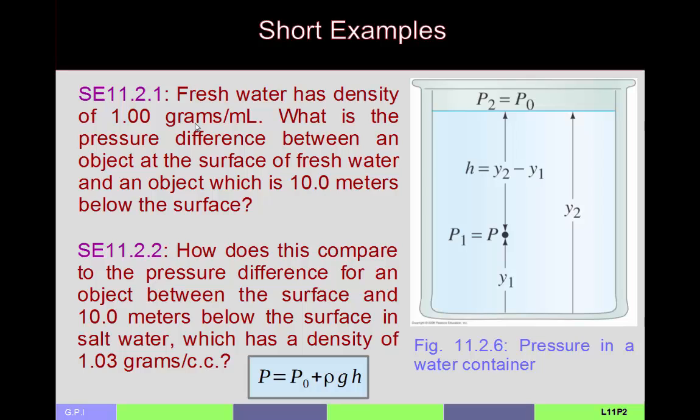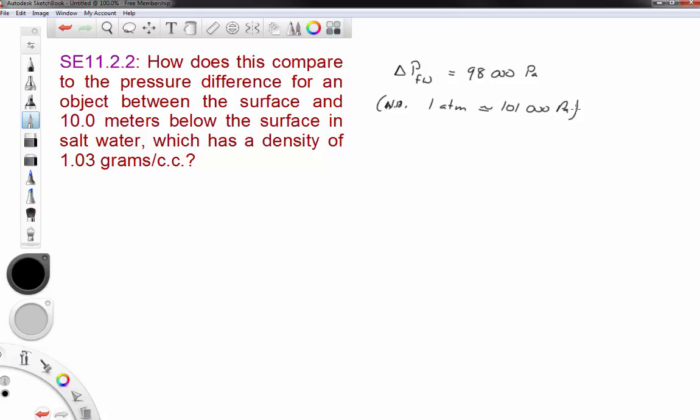All right, so we want to know how this compares to the case in which the object is submerged in salt water rather than in fresh water. So how does the pressure we found before compare to the pressure that would occur if we were in salt water instead? Recall again, the pressure we found before was 98,000 pascals for 10 meters below the surface in freshwater.